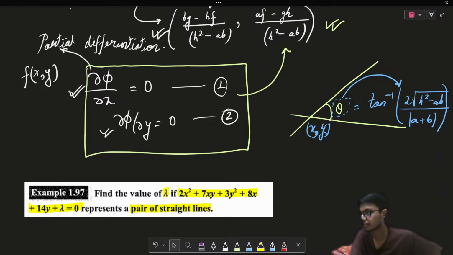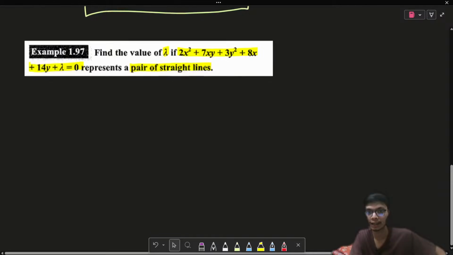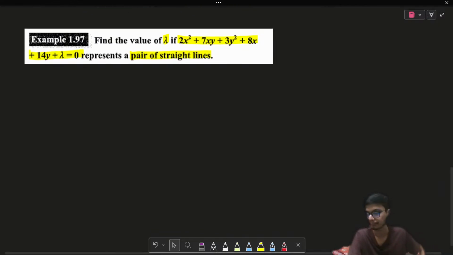Okay, so please try to solve this problem. Please try to solve this problem and then we go for the other formulations.